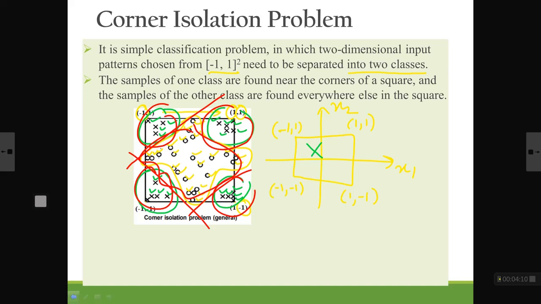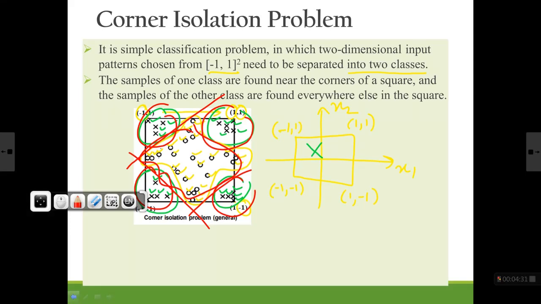So this corner isolation problem cannot be solved using the previous things you have studied. So what we will be doing is using the Marchand's algorithm or the tiling algorithm and the neural tree algorithm. All these are network growing algorithms, and they can be used in order to solve the corner isolation problem.